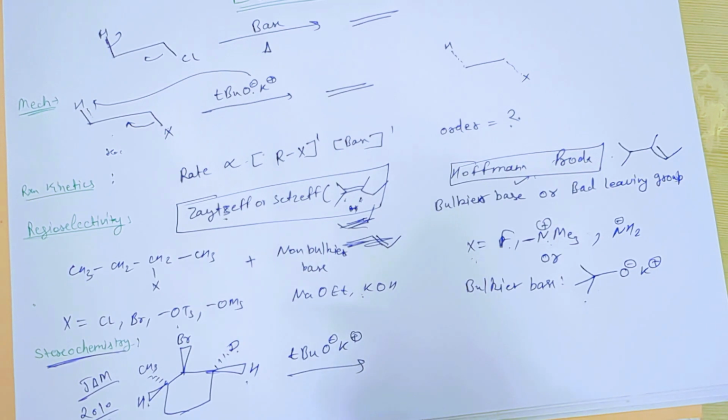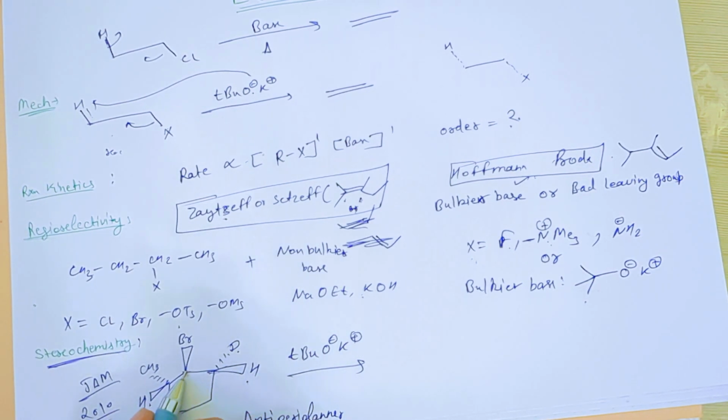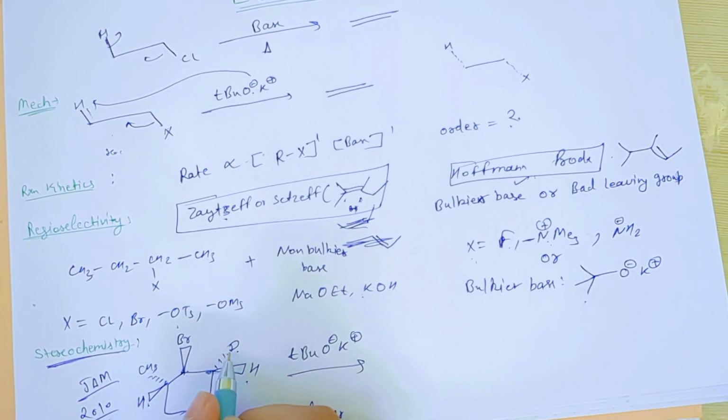So now which proton do you have to eliminate? In E2 elimination, always the anti-periplanar proton will be abstracted. Anti-periplanar means the neighbor carbon just next to the C-X bond has a different plane from the C-X bond. As you can see here, the C-X bond is above the plane, and here the deuterium is below the plane.